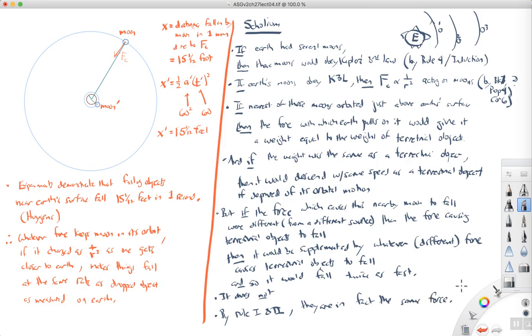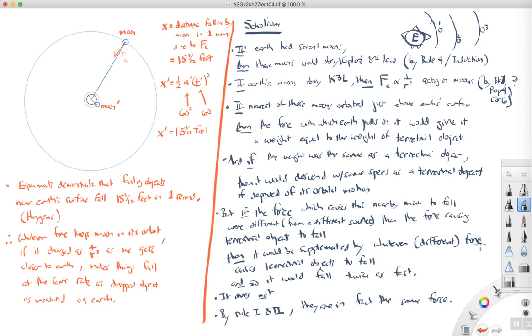Again, this is a little bit of a tricky argument, but essentially he's saying if you imagine there is some distinct force that is causing these moons to orbit the Earth, and you predict how fast these objects would fall near the surface of the Earth due to this new special force, you would find that they fall at the same speed as normal earthly objects fall.